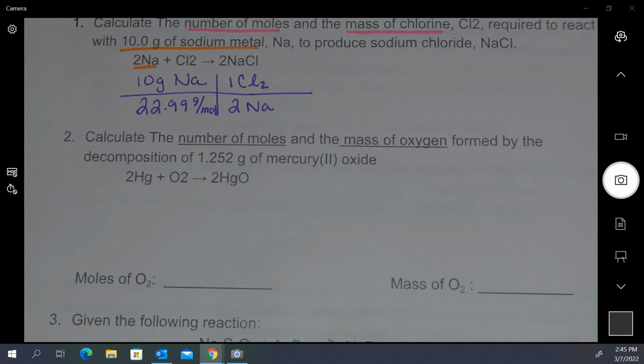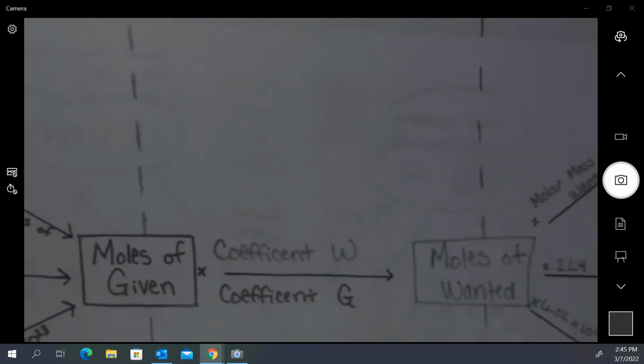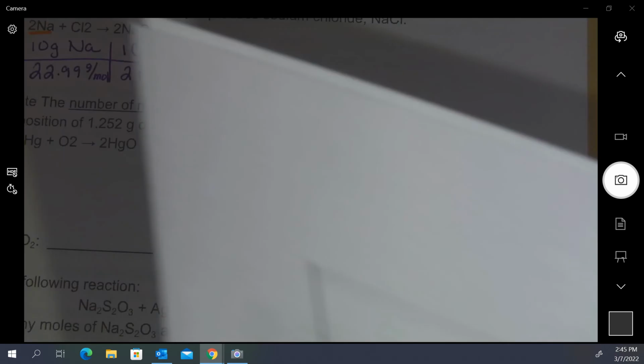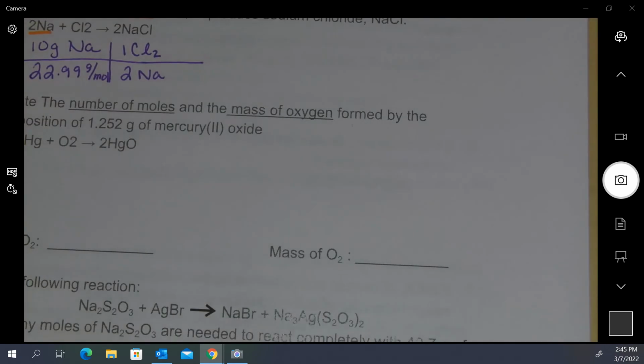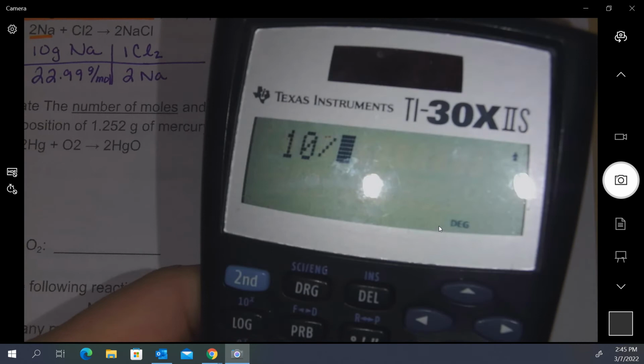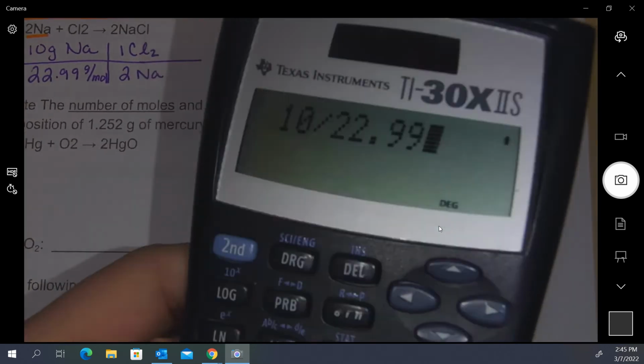The first problem just asked for moles. So we're just going to leave it there because moles doesn't involve any of these three calculations off to the side. So we're going to calculate our number of moles. So 10 times 1 divided by 22.99 times 2. 10 divided by 22.99.